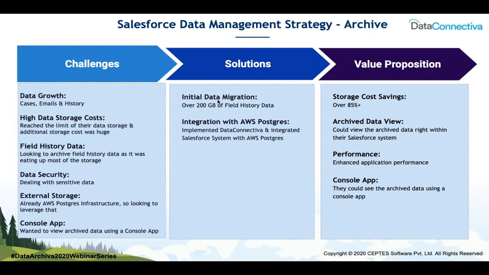I think we will explain it in the demo, which is after this. The value proposition is, as always, that once they were able to offload 200 GB of data, they had huge space available and the ROI was immediate. Because they offloaded the data, they were able to save storage, and the performance of the system has increased.